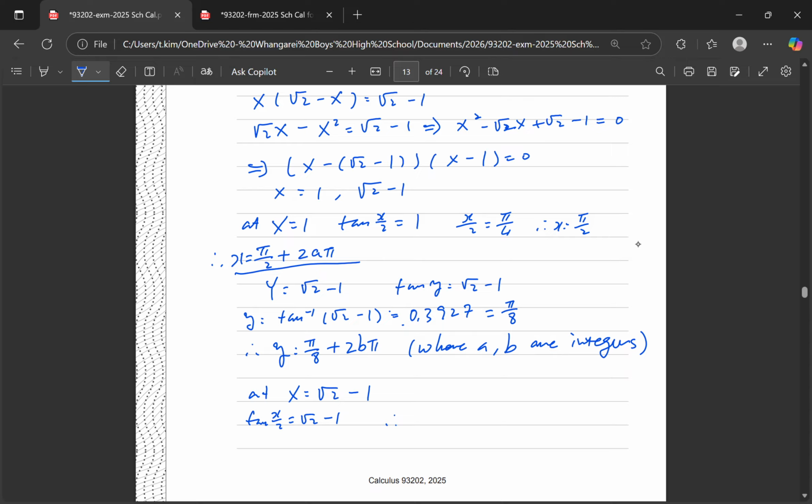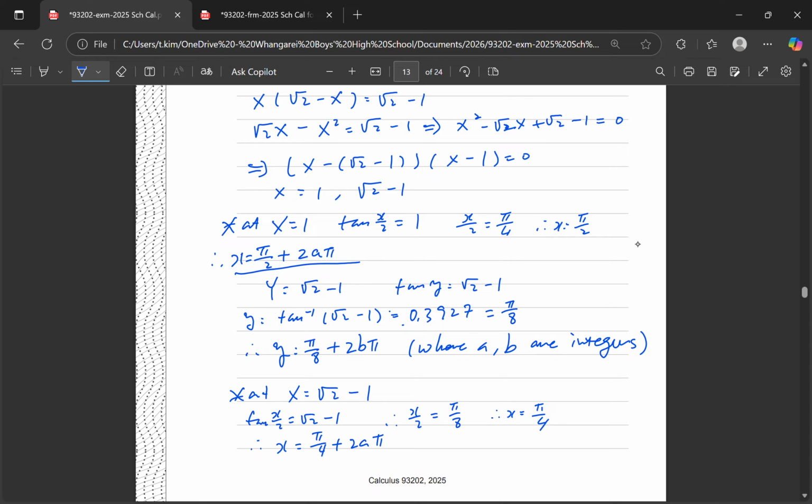So what it means is therefore x/2 must be π/8, right? So hence x must be, times by 2 on both sides, leaves π/4. So that means in this case, I will write here x equals π/4 plus 2aπ, right?